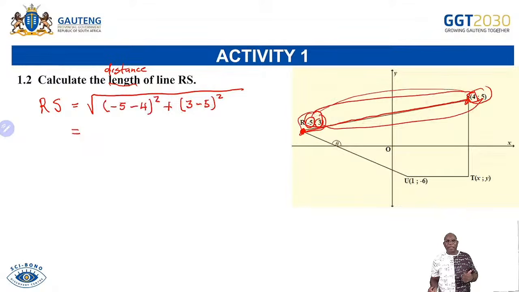So my answer will be 9,22, it's 9,2195. So that will be 9,22 units. Right. So that is the length of RS. You're going to get marks for the substitution and a mark for the answer, which is 9,22. Remember, all answers with decimals must be correct to 2 decimal places, unless it is stated otherwise.